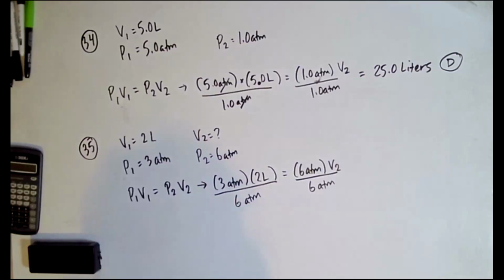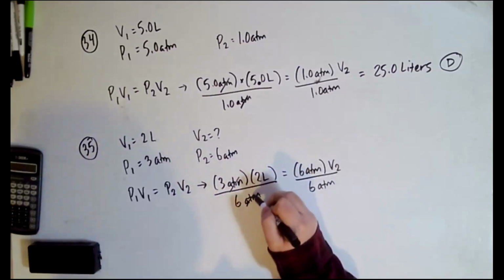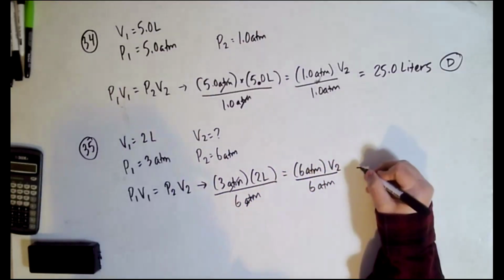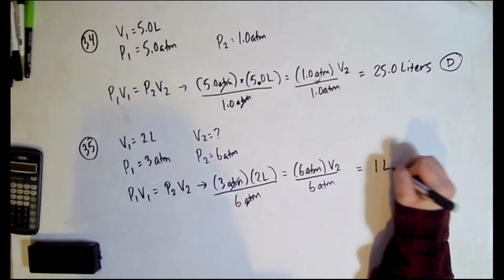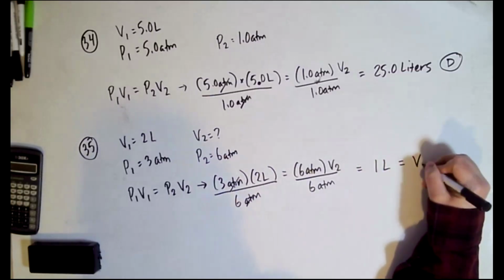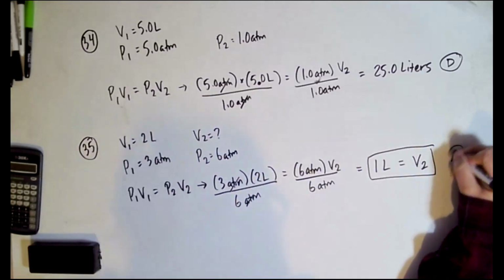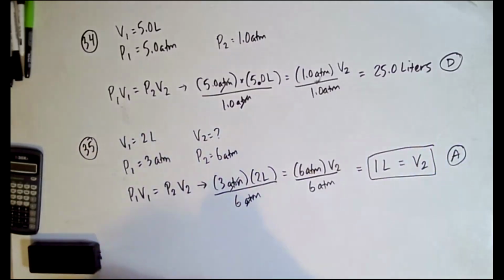Okay, and we can cross out our atmosphere unit, and we're going to be left with our unit in liters. So this is going to leave us with just 1 liter as our volume. All right.